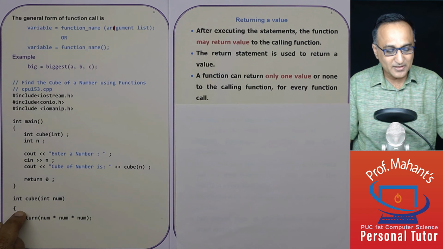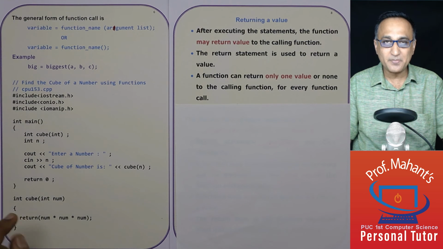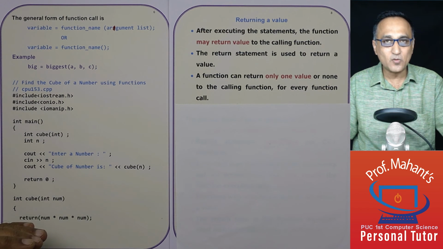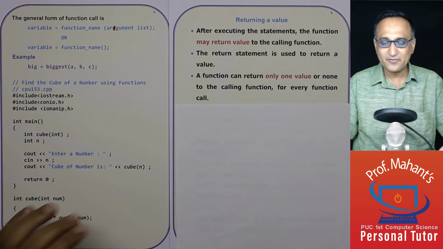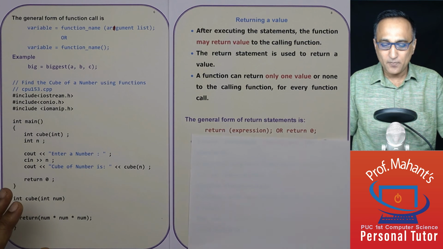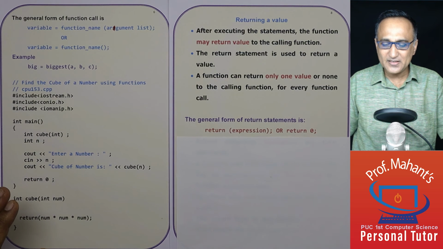And the first time the return statement is executed, the other statements below that will not get executed. You can think of return as an exit from a function. The first time the return keyword is encountered, it will not execute anything after that. Now, the general form of the return statement.